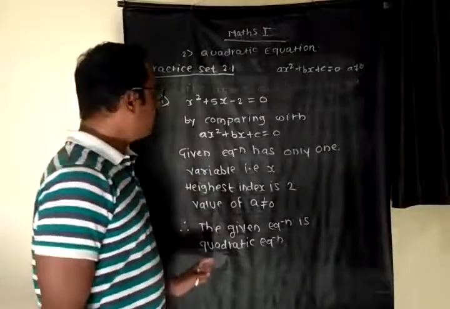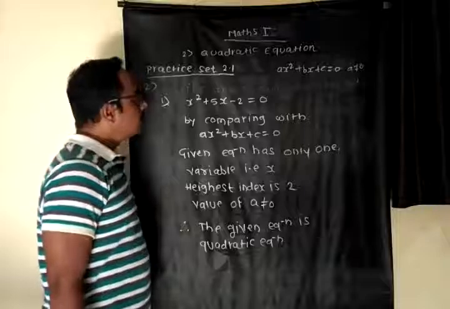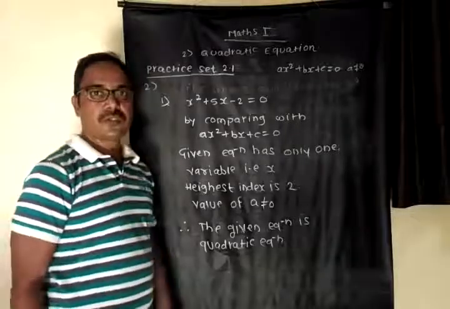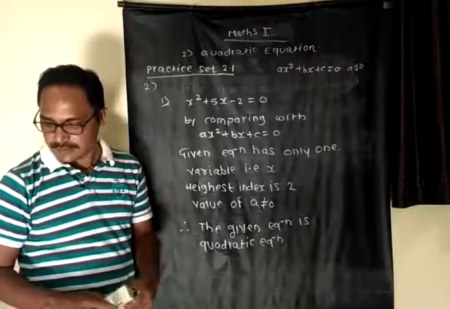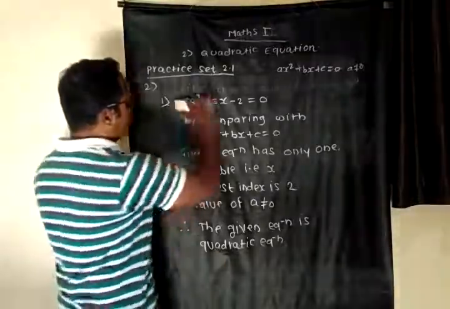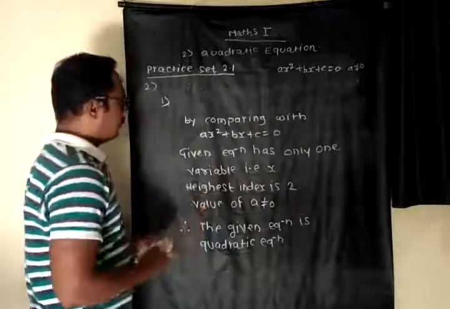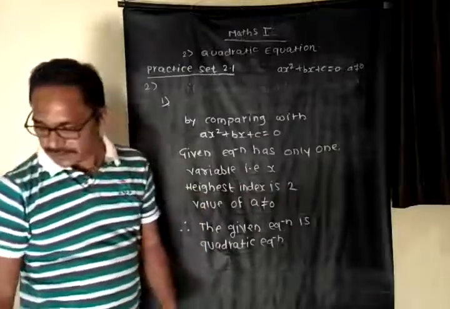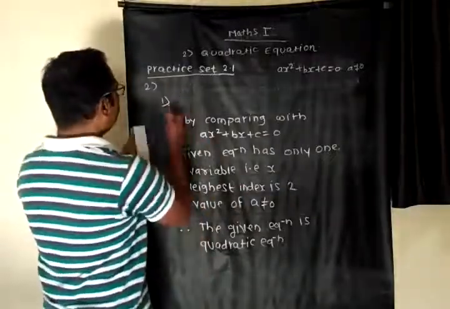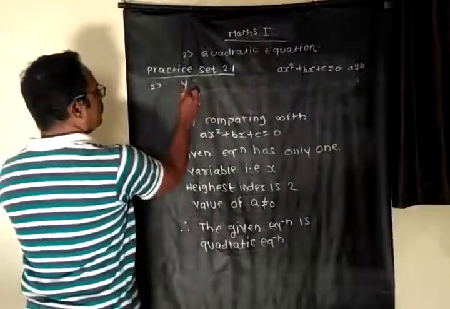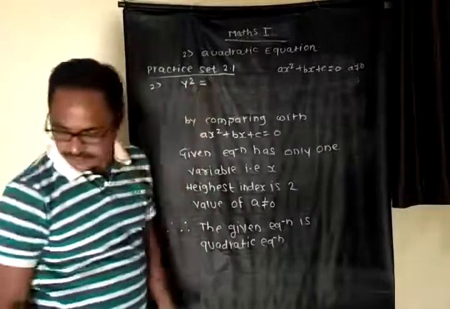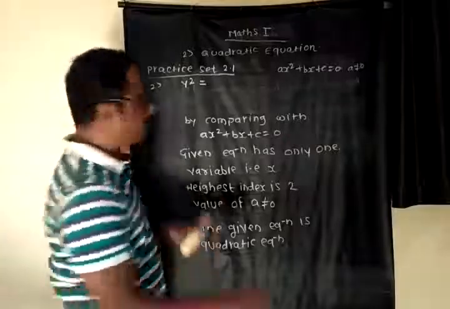If you want to write this one, take a snapshot, then we will solve the next example. The next example is y square is equal to 5y minus 10.